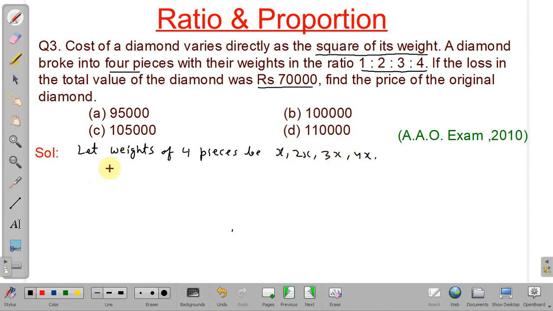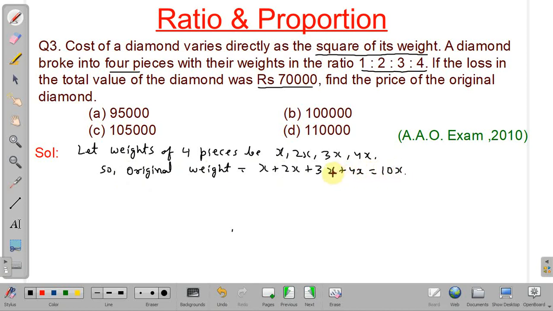As weight will not be lost, it will remain constant. So the original weight must be equal to the sum of all these: x plus twice of x plus 3 times of x plus 4x, and it is equal to 10x.